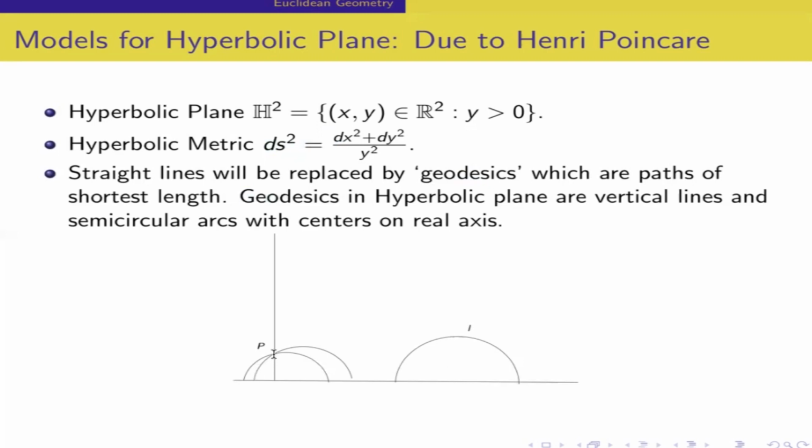You first take a point P in the upper half plane and you take a geodesic L, which does not contain P. Now through this P you can have the vertical line and you can have many semicircles whose center lies on the real axis and which do not intersect the given line L. In fact, there exist infinitely many geodesics passing through P which do not intersect L. So clearly this violates the fifth postulate of Euclidean geometry.